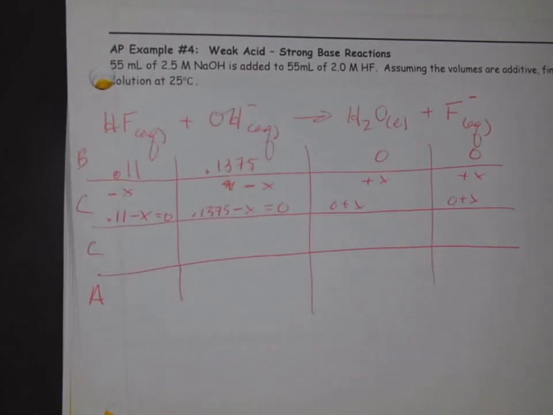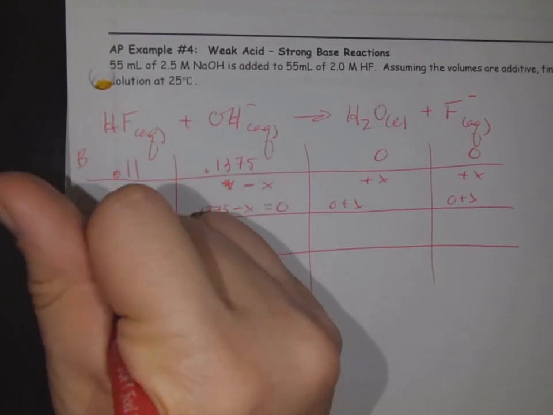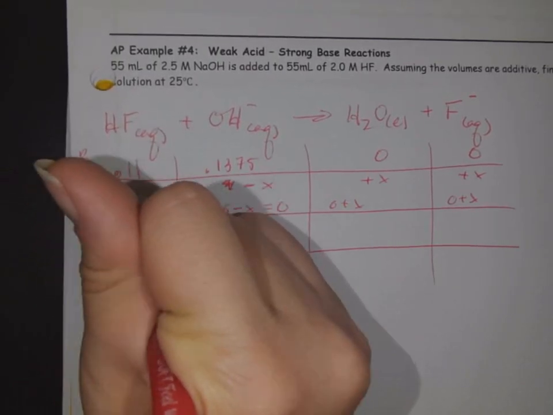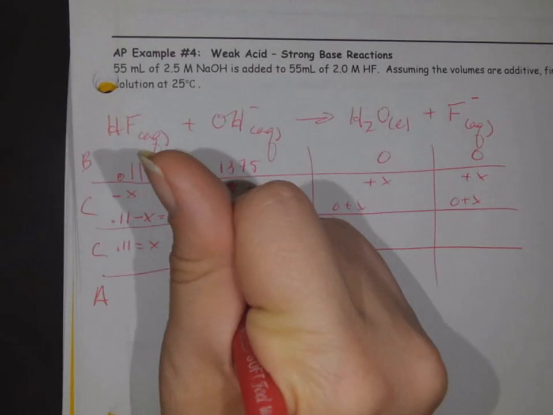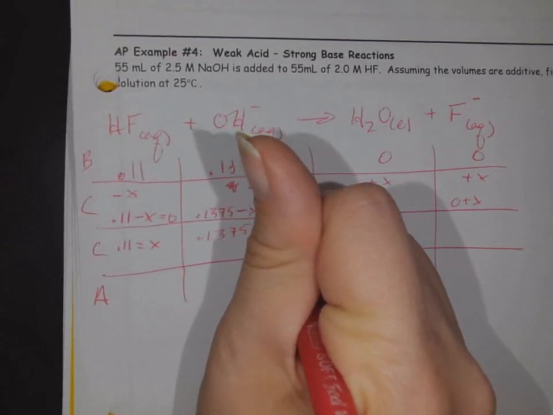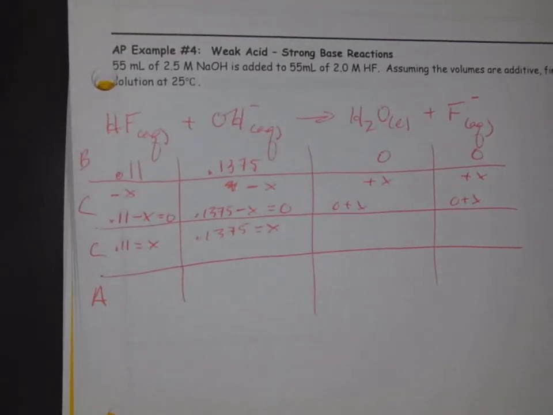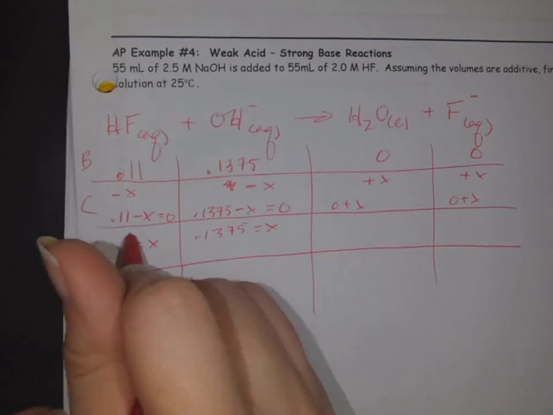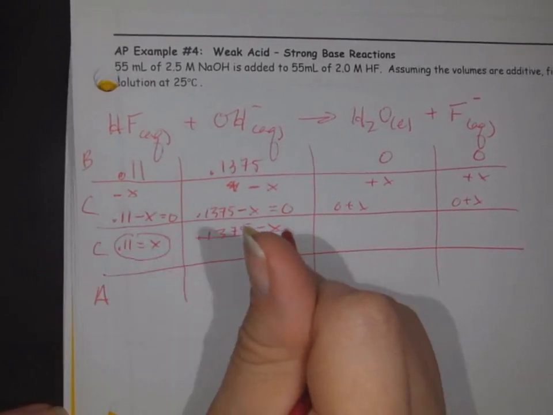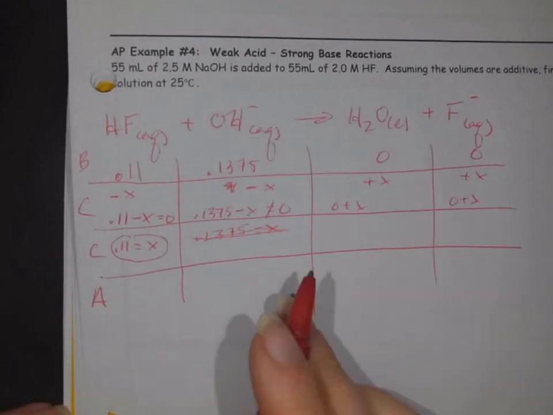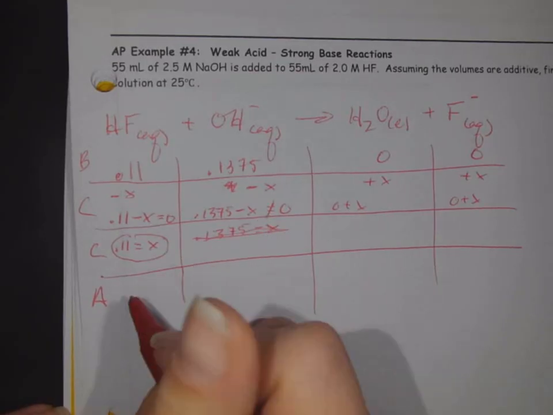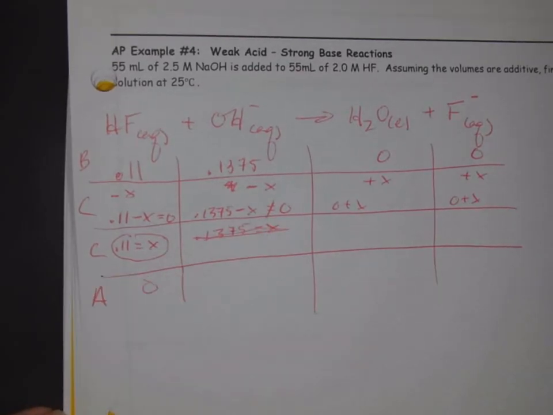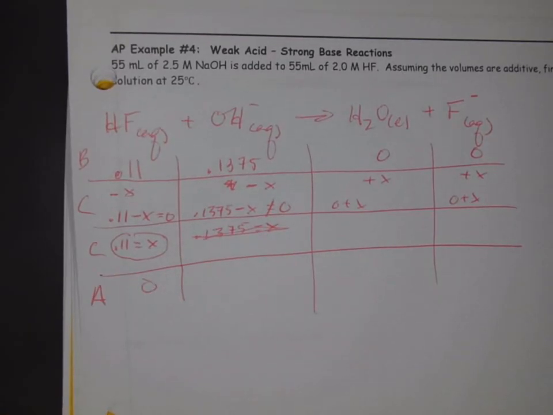One's going to be the limiting, one's going to be the excess. So I'm going to calculate that x value. So 0.11 is equal to x, and 0.1375 is equal to x. The smaller x value is the true x value, the bigger one is not, so this one does not equal 0. The acid is the limiting, the base was the excess.